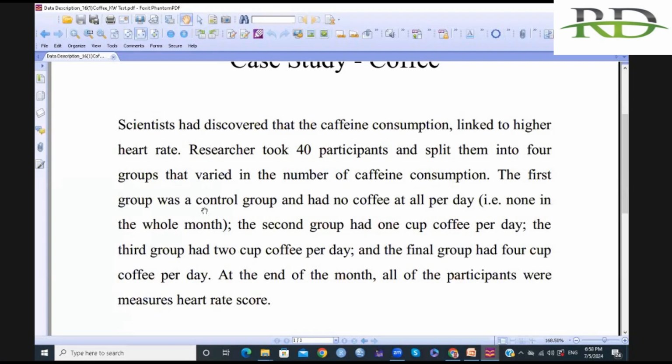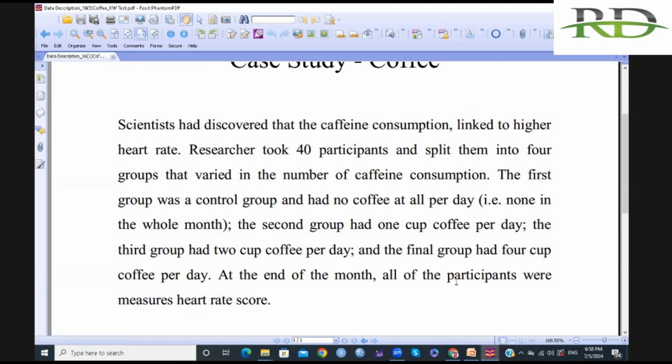The first group was a control group and had no coffee at all, that is none in the whole month. The second group had 1 cup of coffee per day. The third group had 2 cups of coffee per day. And the final fourth group had 4 cups of coffee per day.